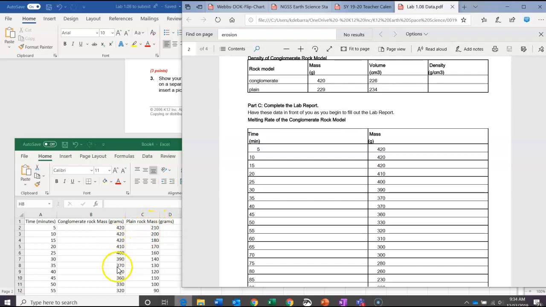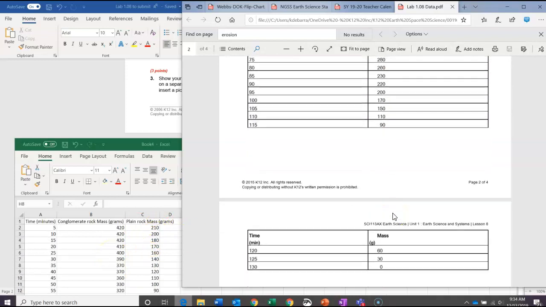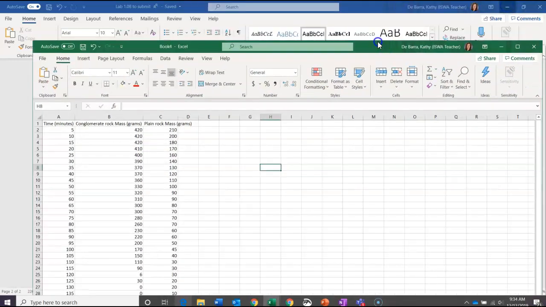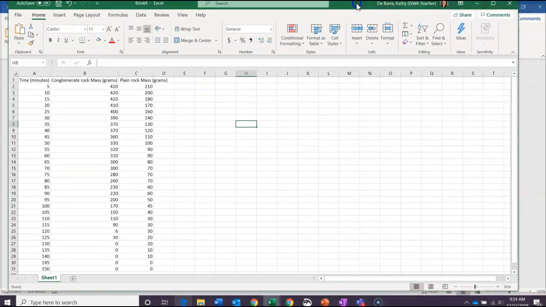So for the conglomerate rock model, I just went through and copied all of this information here into the second column. For the plain rock model, I scrolled down here. I started at 210, and I copied all of the data here into the spreadsheet. So I'm going to close this data document. We don't really need it going forward because now we have what we need here.